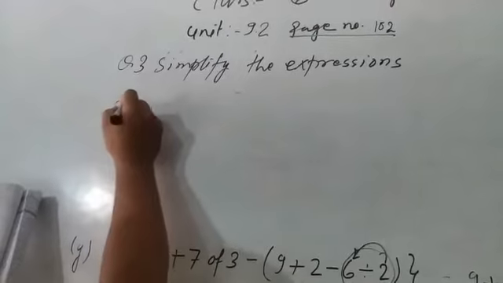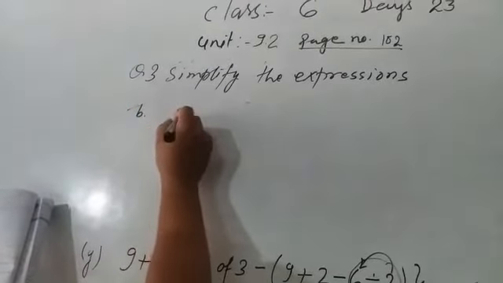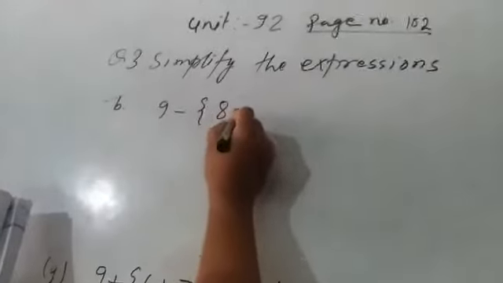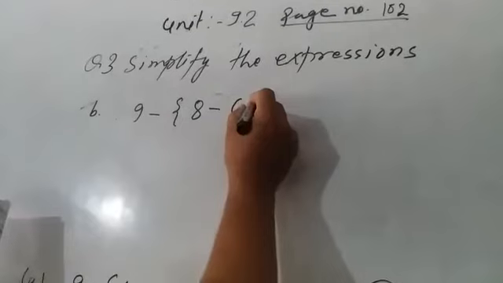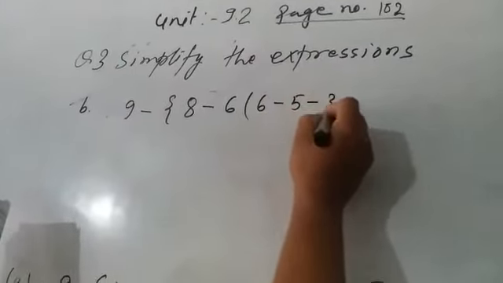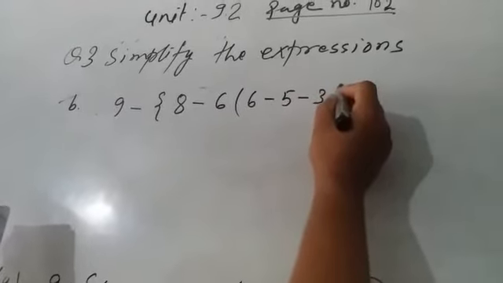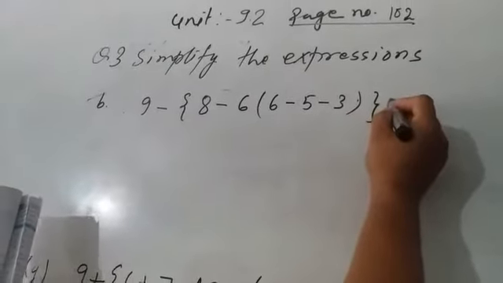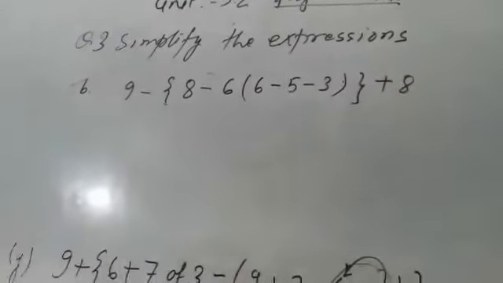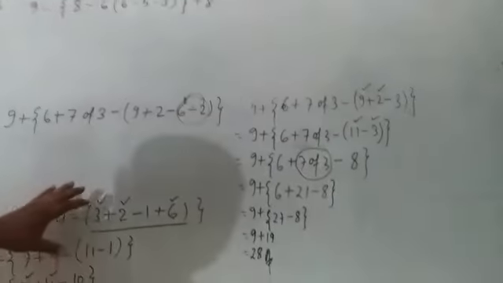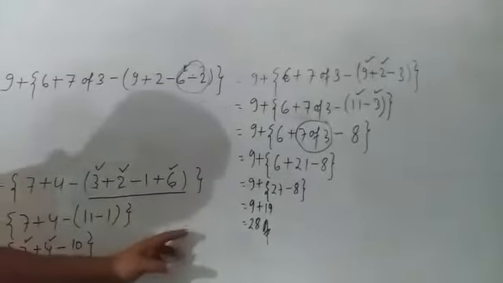Now I am going to teach question number B. 9 minus curly brackets 8 6 minus 5 minus 3 small bracket close, curly brackets plus 8. So my dear students, you just take a few seconds to note down these solutions. I will just come back, just a minute.